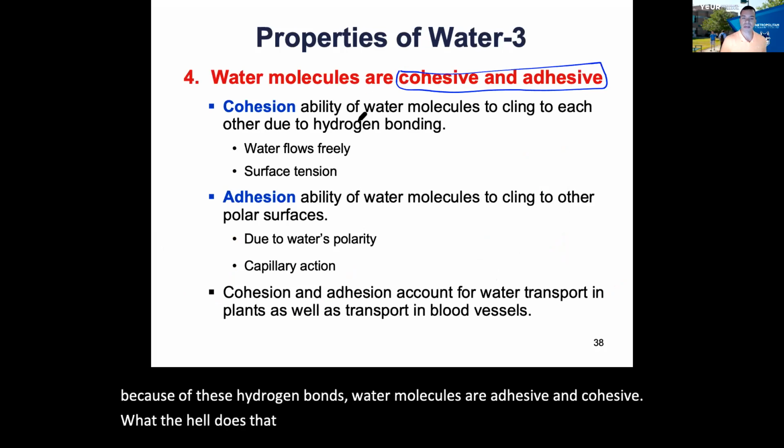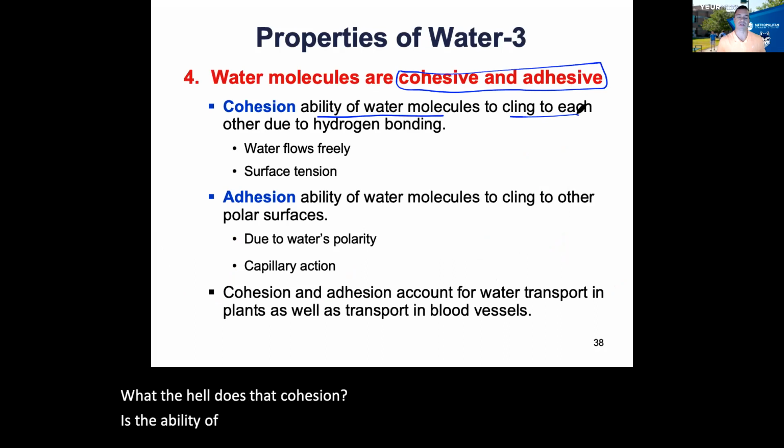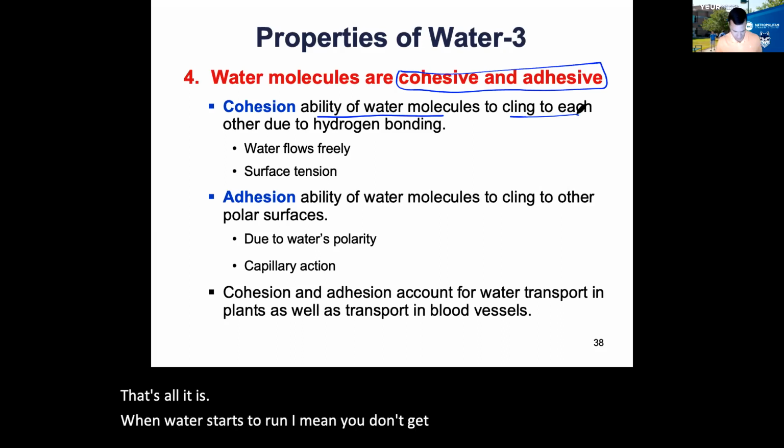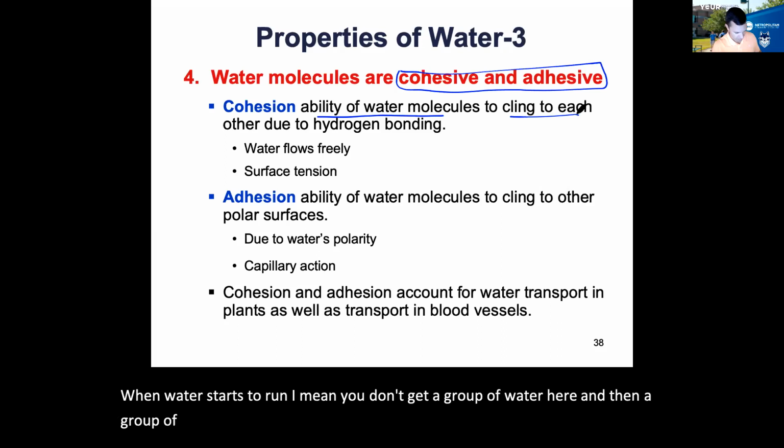Well, cohesion is the ability of water molecules to cling to each other. That's all it is. When water starts to run, you don't get a group of water here and another group here going in a general direction. They're bonded to one another.